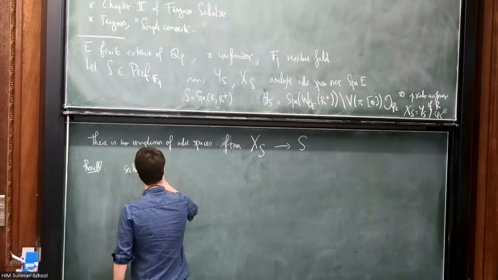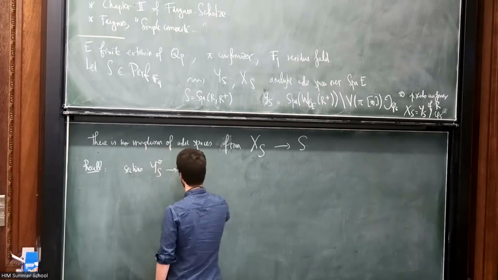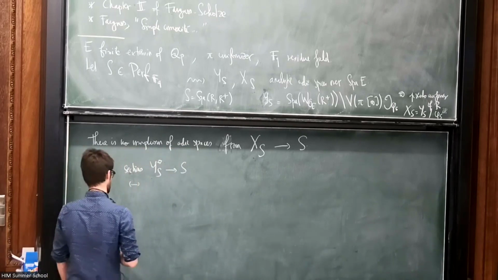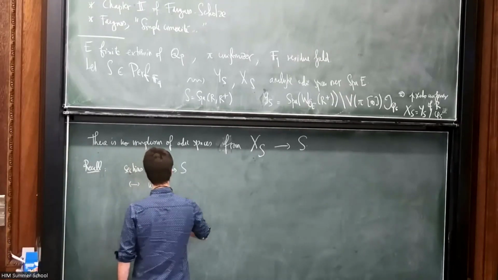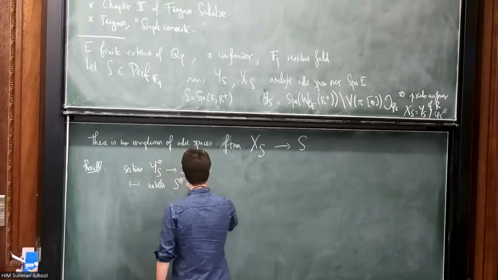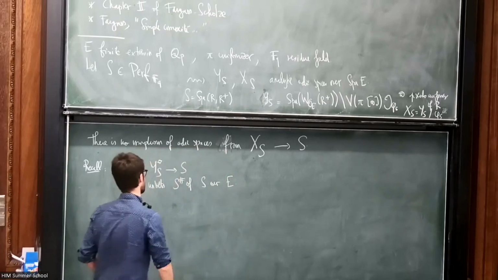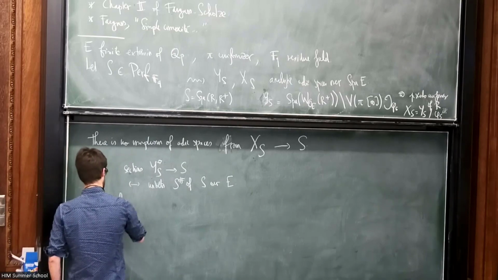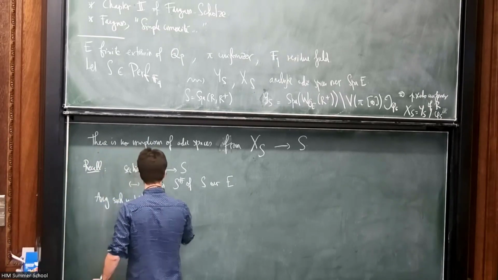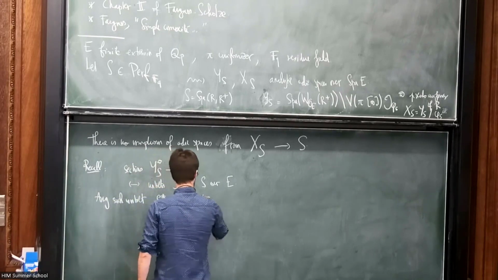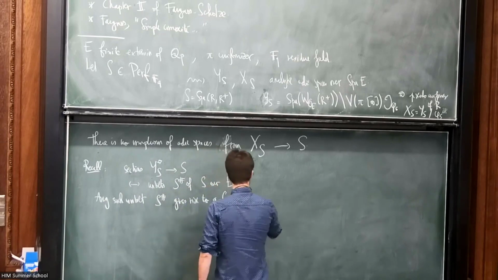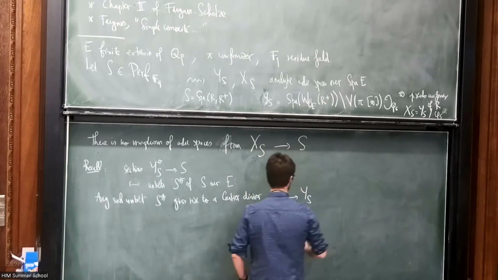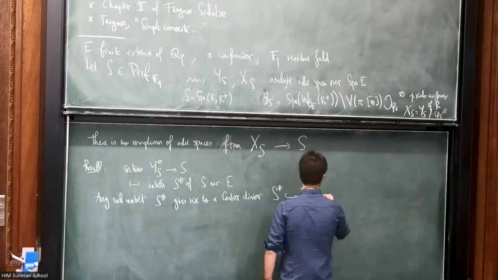And so we know that at the level of diamonds, you have a map from Y_S diamond to S. And sections of this map really are in bijection with untilts S sharp of S which live over E. And whenever I give myself such an untilt in characteristic 0, it gives rise to a Cartier divisor on Y_S. And in fact, you can also further map this down to X_S.